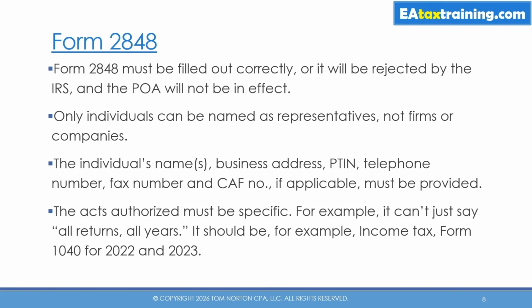And then the acts authorized must be specific. For example, it can't just say you have authorization to represent the taxpayer for all tax returns for all years. That is not allowed. It has to say, for example, income tax for Form 1040 for the years 2022 and 2023. That would be specific and allow that representation.